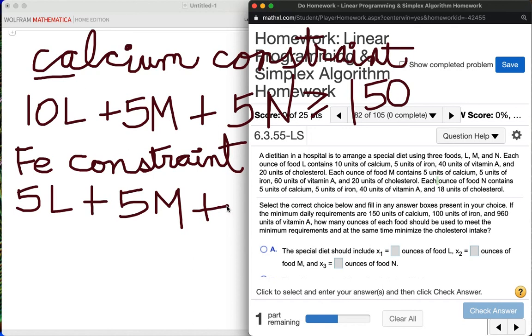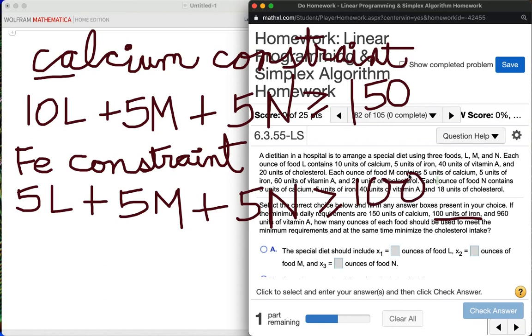And each ounce of food N also contains 5 units of iron. And that's going to be greater than or equal to, the minimum daily requirement, 100 units of iron.